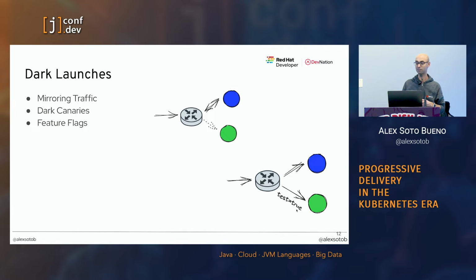In this case, for example, test equal true. So, if I send a request and this request has a special header, for example, an HTTP header that says test equal true, then I'm going to send the traffic to the green one, so the new one. And if not, I'm going to send it to the blue one.